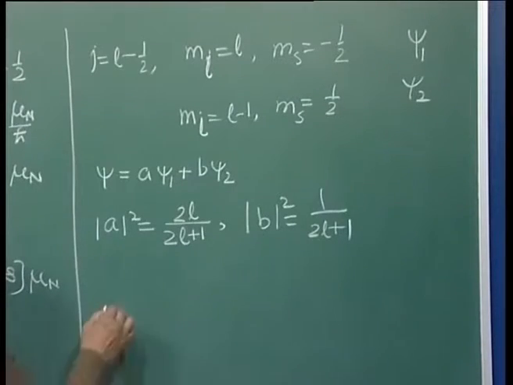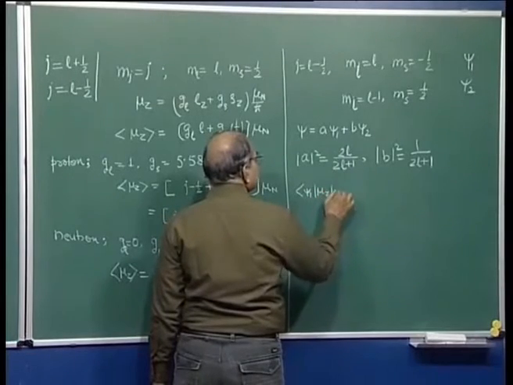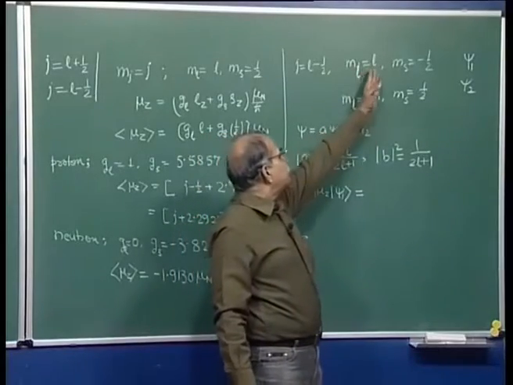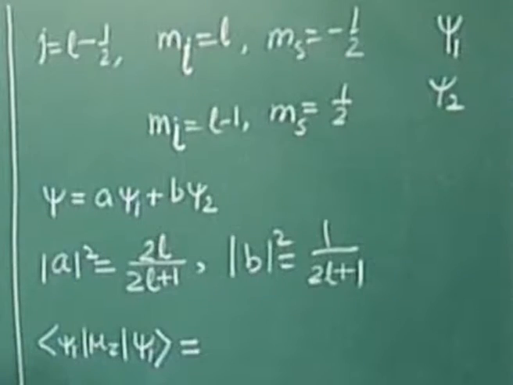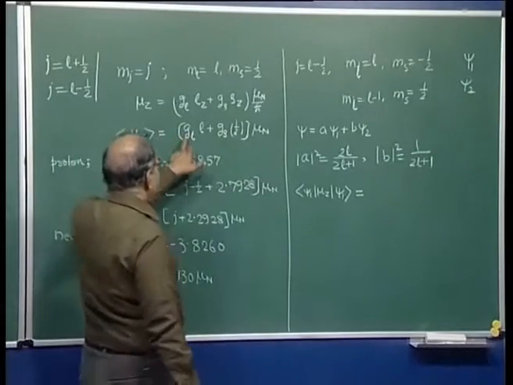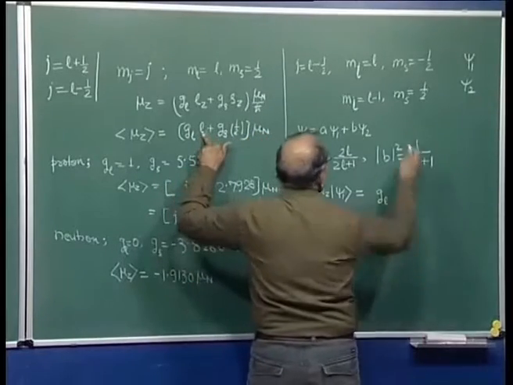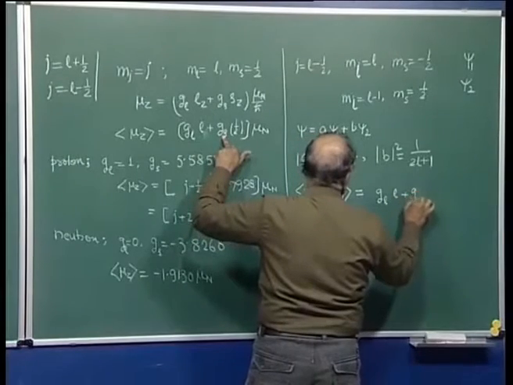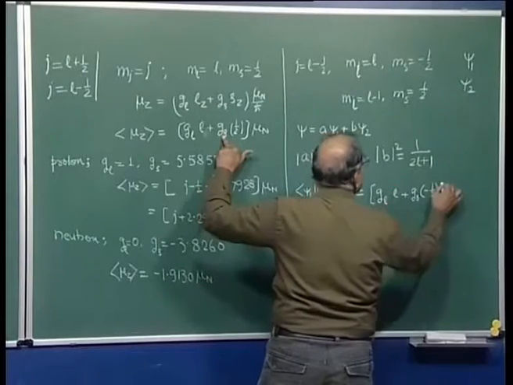We had also calculated psi 1 mu z psi 1, remember. If the wave function has ml equal to L and ms equal to minus half, you can just put that here and this will be GL into L, since ml is equal to L, and plus GS into minus half, times mu n.